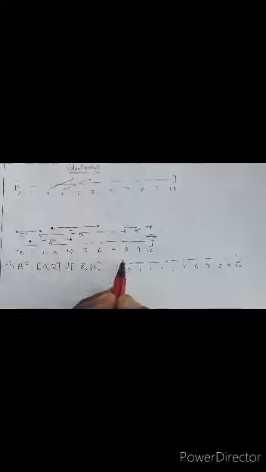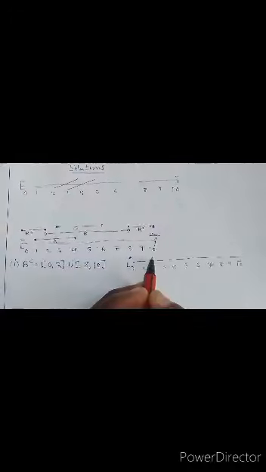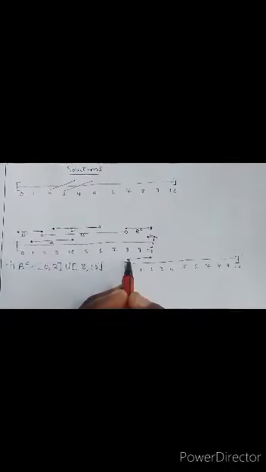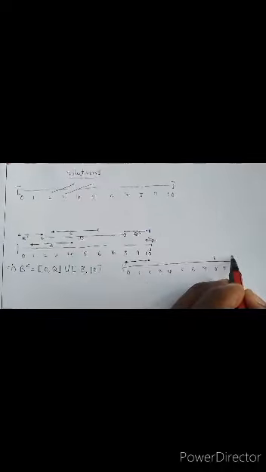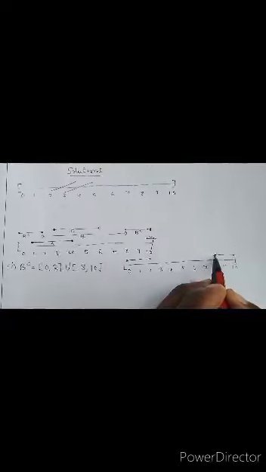You have to draw here to show that this is your B complement. So even 2 here you draw, even 8 here, even somewhere here you draw. Then you are done for question 1.